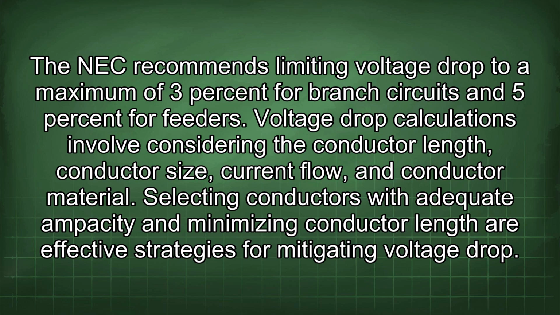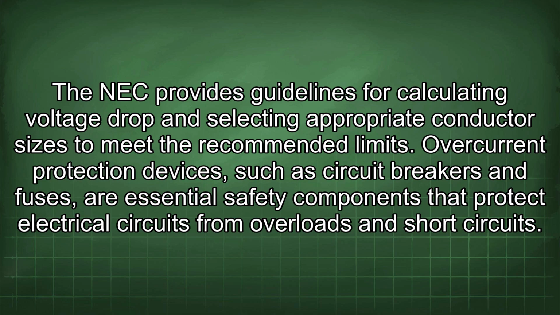Voltage drop calculations involve considering the conductor length, conductor size, current flow, and conductor material. Selecting conductors with adequate ampacity and minimizing conductor length are effective strategies for mitigating voltage drop. The NEC provides guidelines for calculating voltage drop and selecting appropriate conductor sizes to meet the recommended limits.